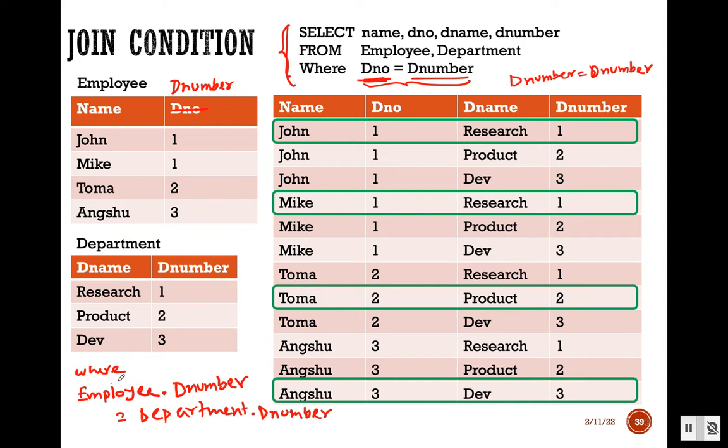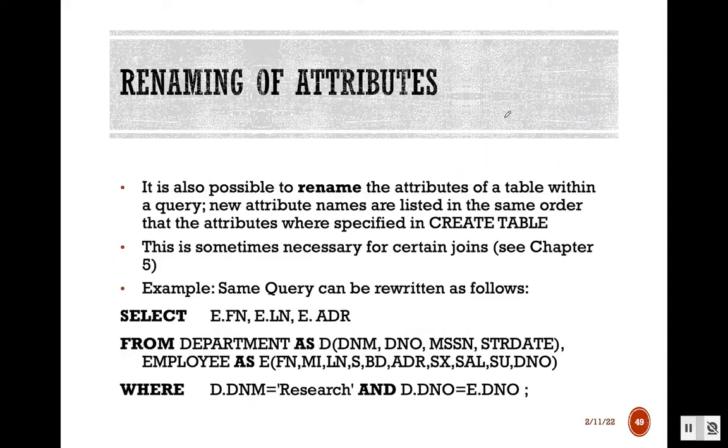Otherwise our query compiler will not be able to identify which attribute is coming from which table, and that is an ambiguous situation for a compiler, which is going to generate an error.